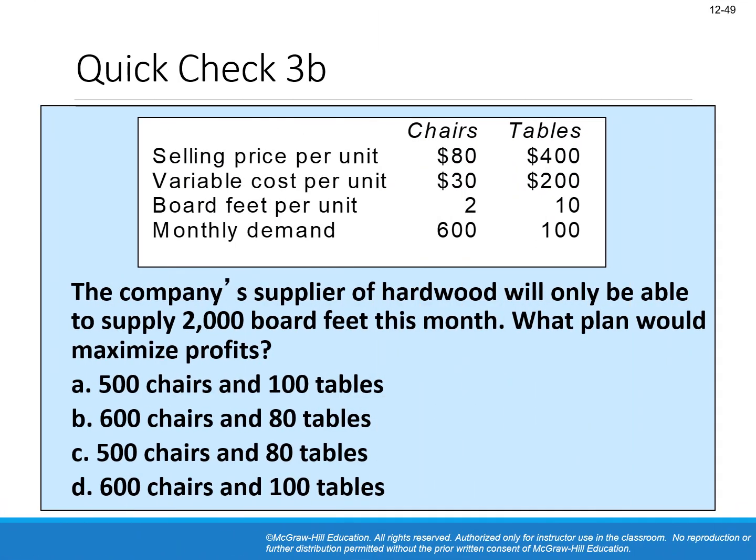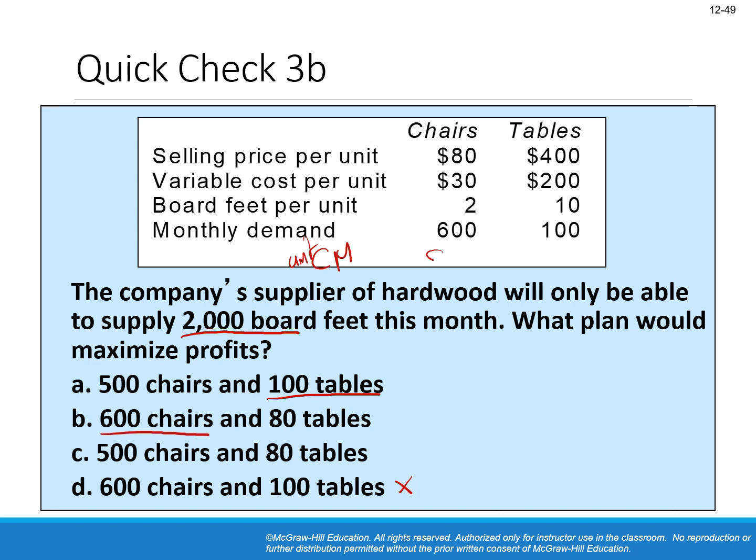Now the same given stands, so we are able to get 2,000 board feet this month. What plan should maximize your profit? Should you satisfy in full the demand of chairs or the demand of tables? Of course, this is unattainable. You cannot do this because this exceeds the available resource. So to tell which product should be prioritized, you need first to compute the unit CM.